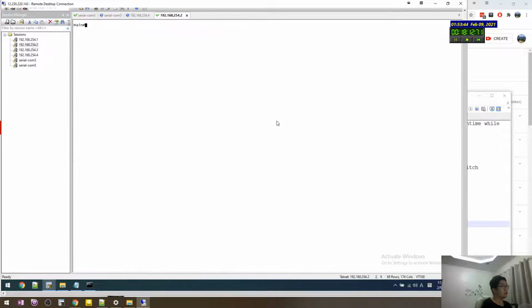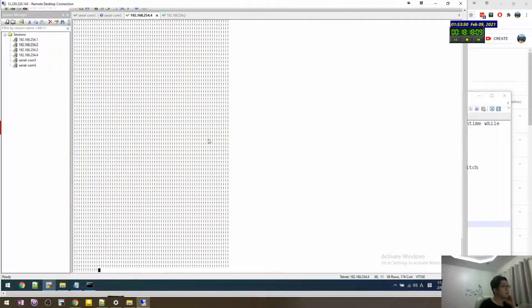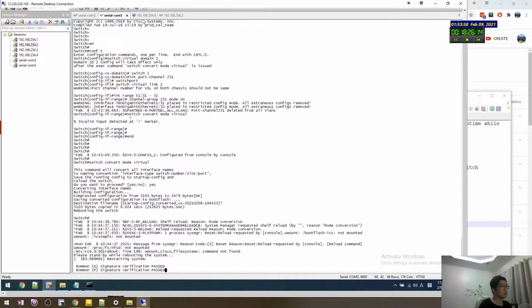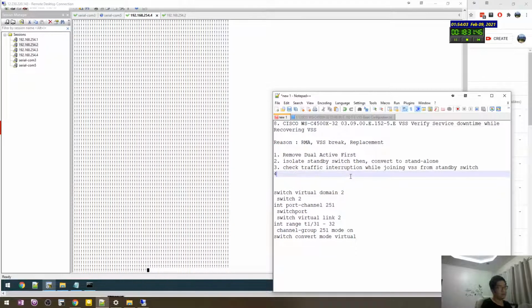Too slow. So in this section, the PAgP and the OSPF are configured. So just to check whether this protocol is effective or not.